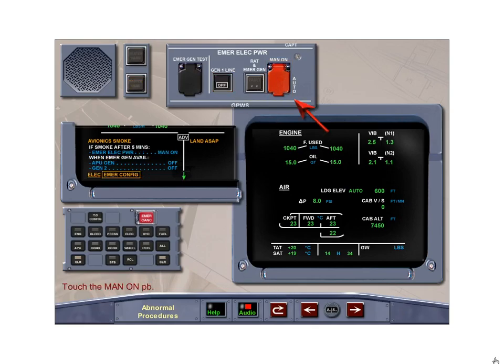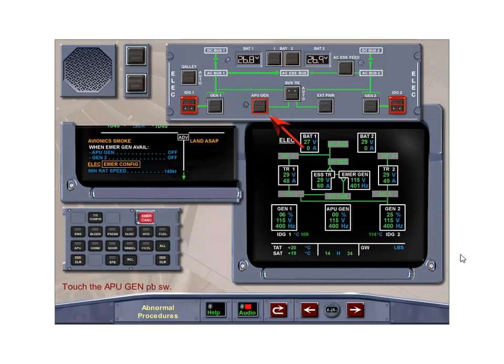Next, the emergency electrical power manual on push button is pressed, which will extend the RAT to power the emergency generator. Touch the manual on push button switch to extend the RAT. When the emergency generator is available, the APU generator and engine generator 2 are selected off, putting the electrical system into the emergency configuration, which sheds about 75% of all electrical equipment in an attempt to isolate the smoke source.